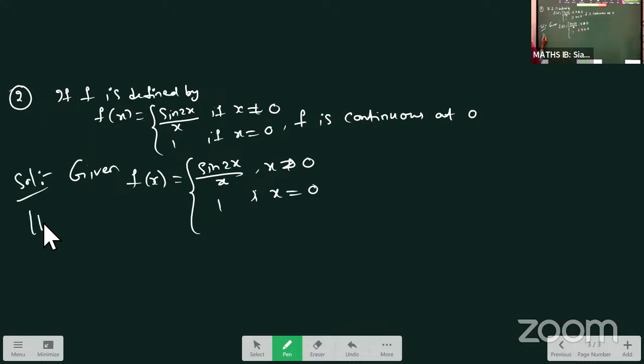So we have to check limit x tends to 0 f of x. Limit x tends to 0 f of x value we have to find out. So limit x tends to 0 f of x means what is given? sin 2x by x.